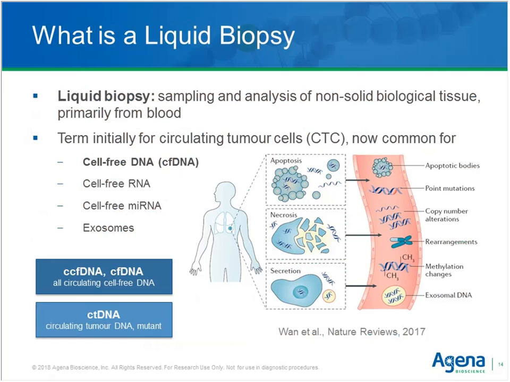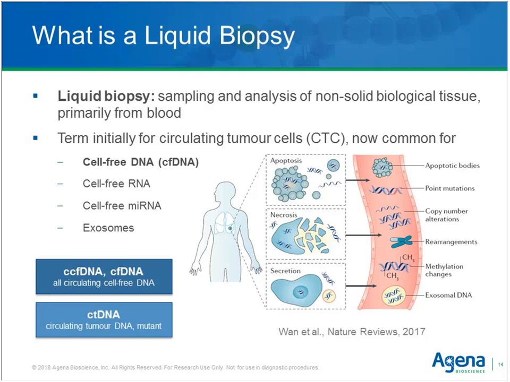And today, we will focus mostly, or exclusively, around cell-free DNA, which is also abbreviated with cfDNA or even ccfDNA for circulating cell-free DNA. Well, that cfDNA represents all cell-free DNA in the bloodstream, being shed from the tumor by apoptotic and necrotic mechanisms.